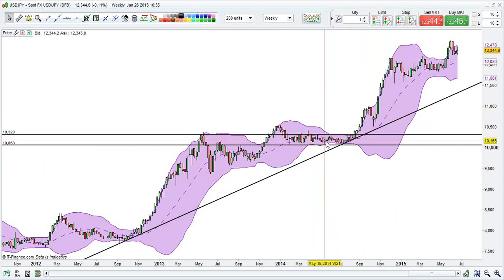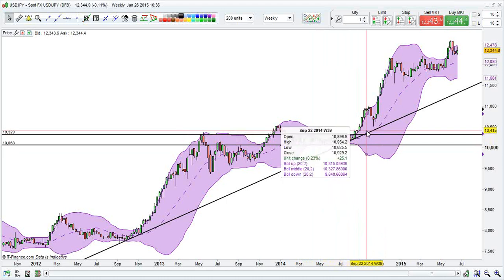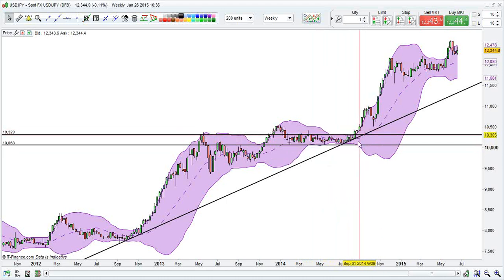Now we will never know for sure when the market is going to break out, but when you see the Bollinger Band trying to expand here, the price has broken above our upper horizontal level, and the price is still above our upper trend line, that's three reasons why we're looking for the market to break out.